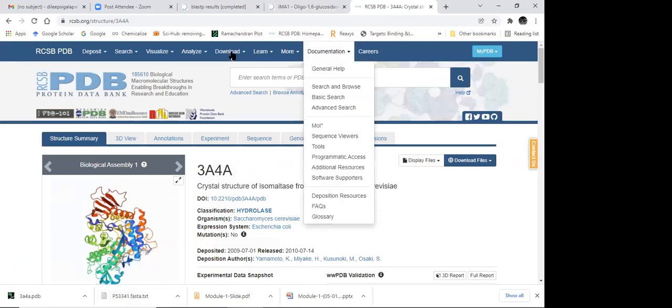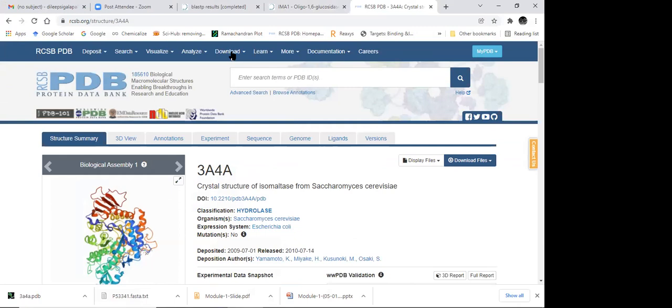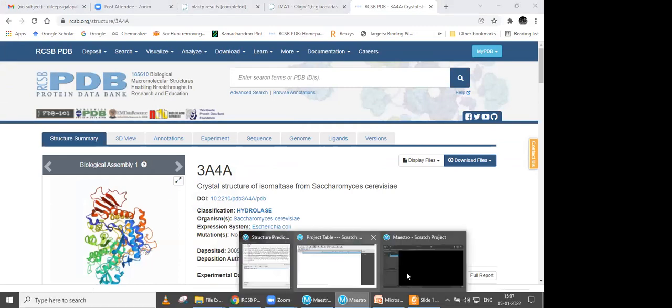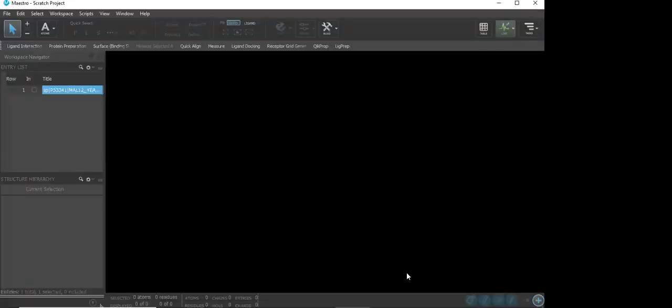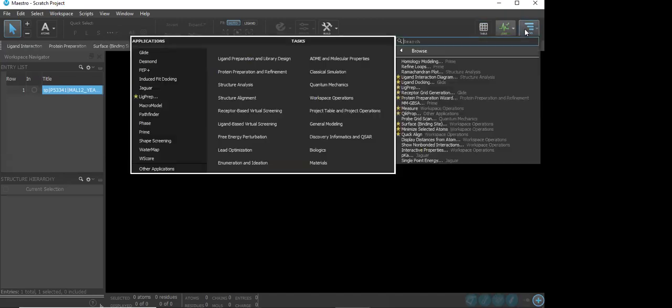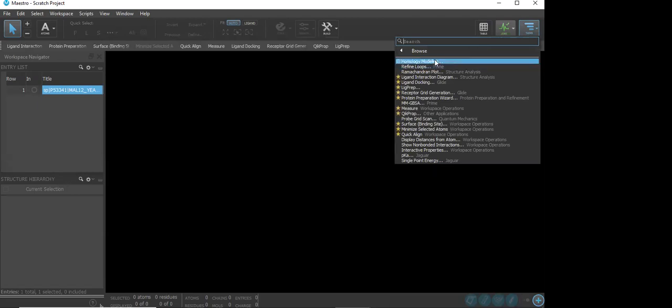Then coming to the software session, first we need to click homology modeling.